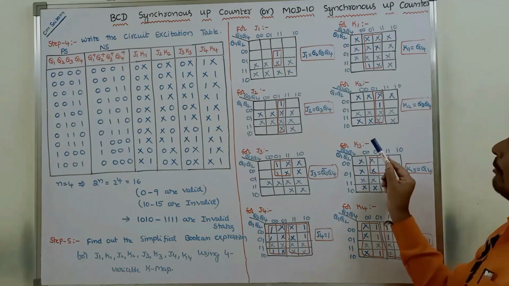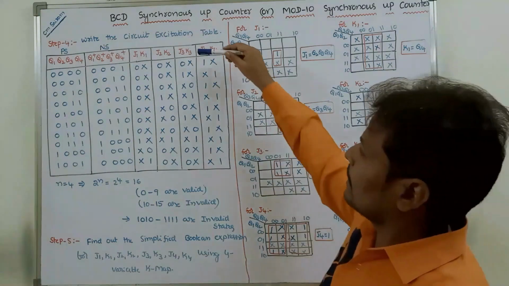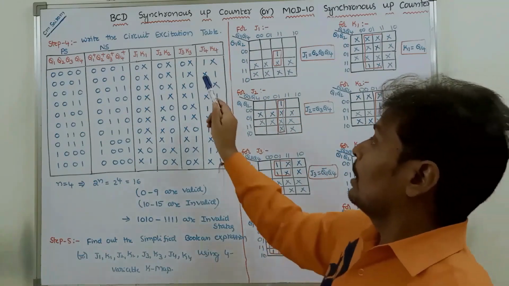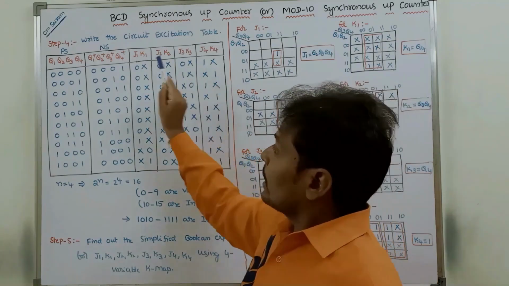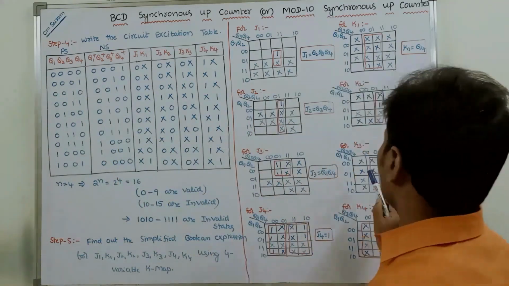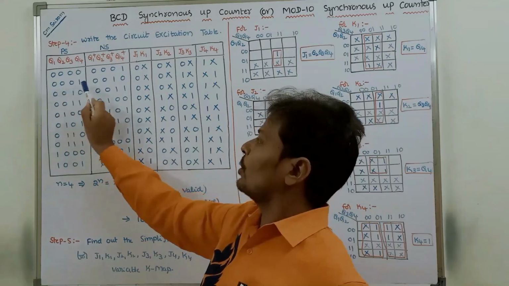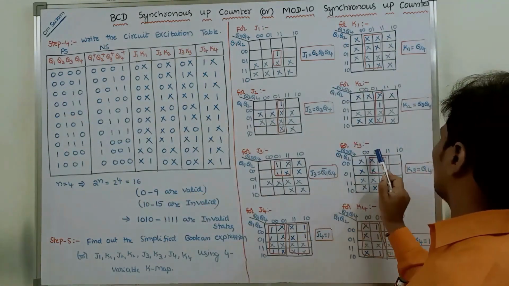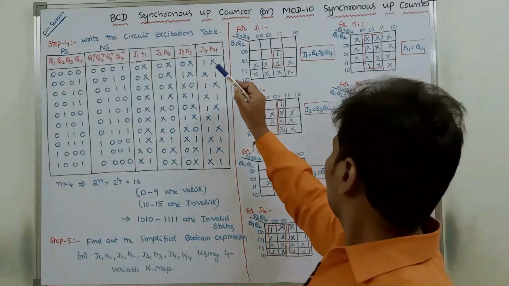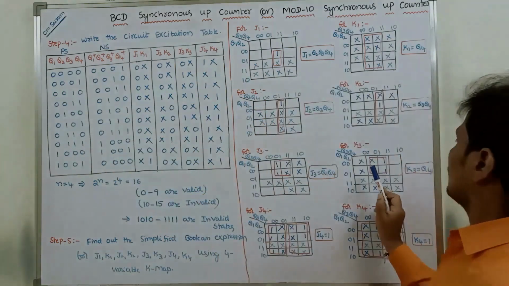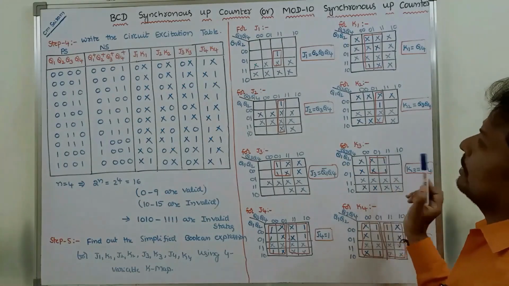Okay, next one. For K3, observe the K3 column and identify don't cares and ones. Here don't care is there, the corresponding input combination is 0, 0, 0, 0. Here don't care is there, the corresponding input combination is 0, 0, 0, 1. Next one, here 1 is there, the corresponding input combination is 0, 0, 1, 1.